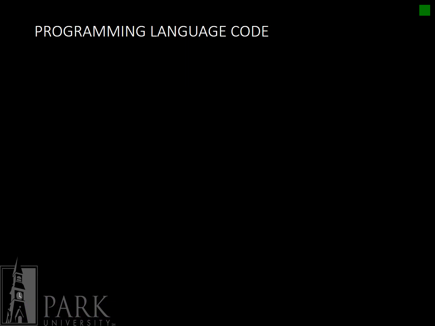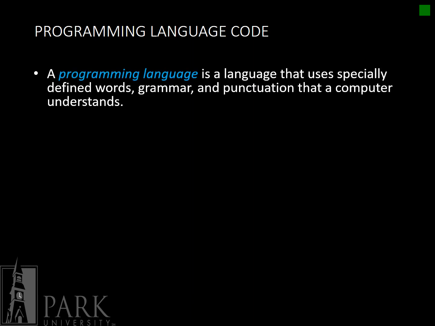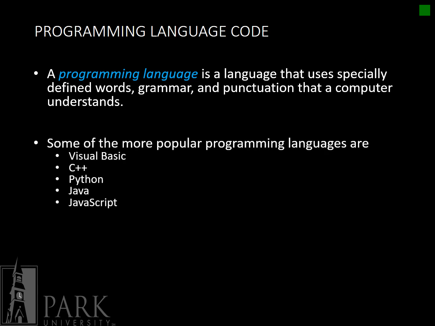So in order to write a program, we need to write it in a particular programming language. And a programming language is a language that uses specially defined words, grammar, and punctuation that a computer understands. Just the same as English has certain words, grammar, and punctuation versus French or Spanish. Computer programs are no different. And there's a lot of different popular programming languages out there, Visual Basic, C++, so on and so forth, okay?